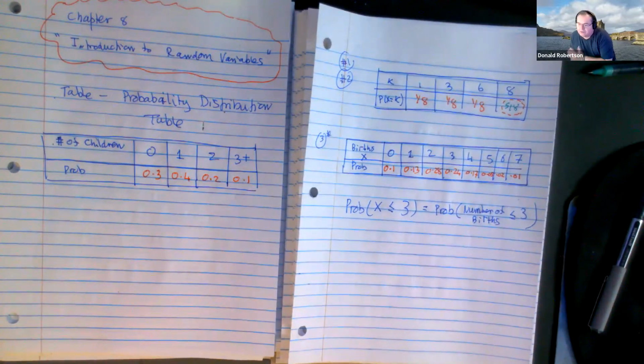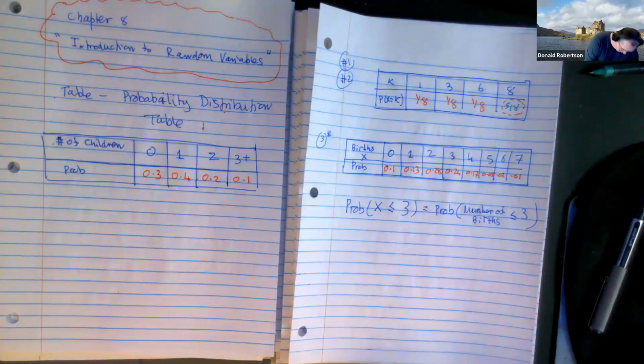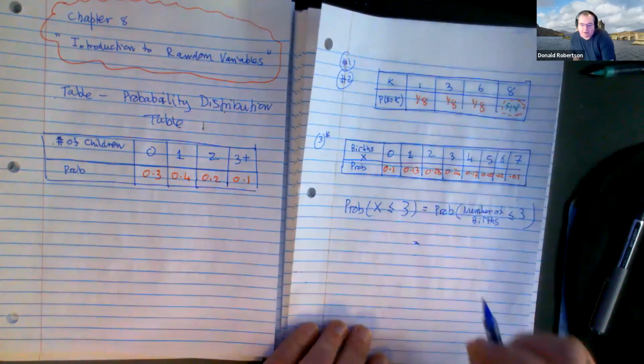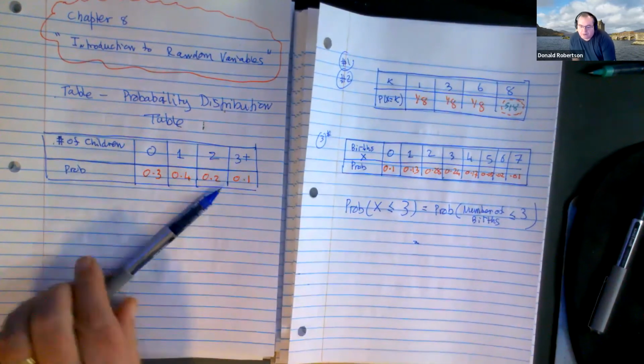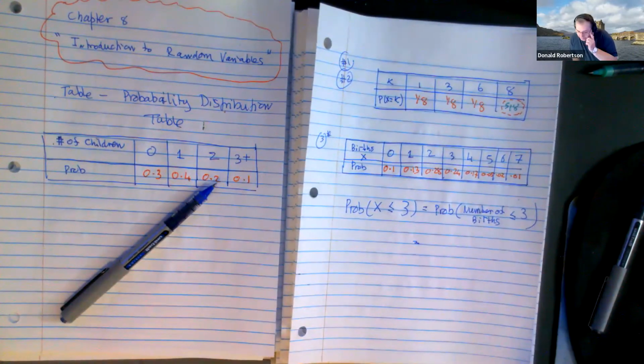I mean, it's easy to understand what you're doing. So what are you going to do to calculate that probability? I want to know the chances that tomorrow the number of births in this hospital is 3 or less. What would the calculation be?